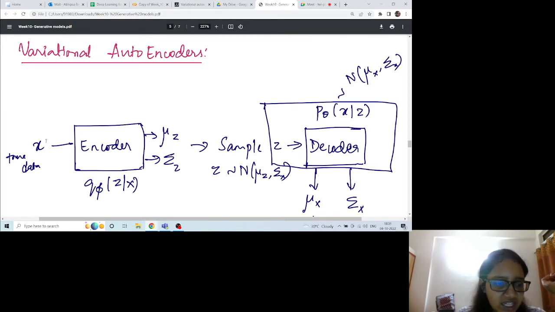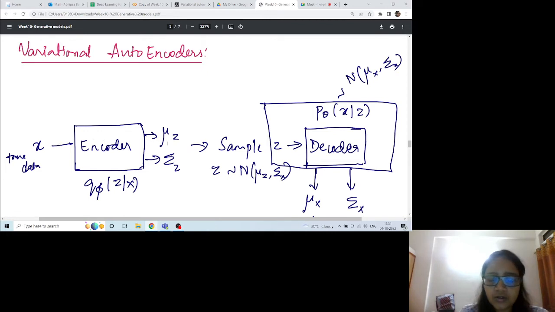Given an image X, you have an encoder network which will map this X to some latent feature Z. Forget about these mu sigma values for now. Just imagine that given this X, you get a new feature space Z, which is of a much smaller dimension than X. Then you also have a decoder, which takes Z as the input and tries to generate the same image back.